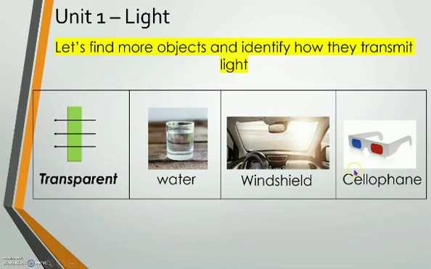Next, cellophane. The light also goes through this cellophane. When we wear this, we can see what's outside or what's inside. The light transmits through these materials, and it's called transparent.